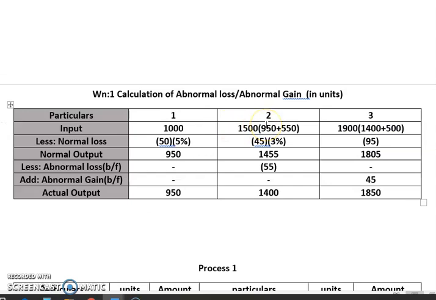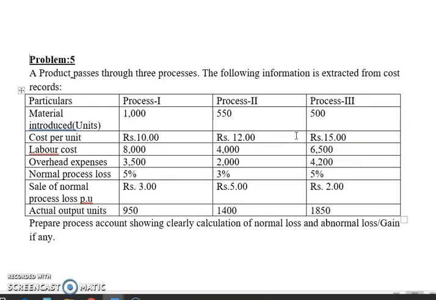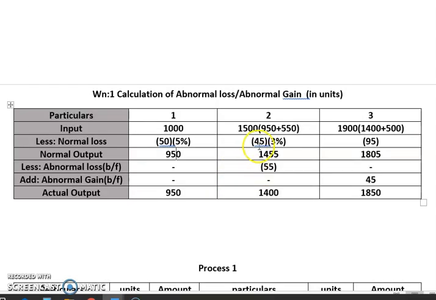Therefore, it will be 1500 where we accumulated the figure. Now the normal loss for process 2 is 3%. I calculated 3% on my 1500. Therefore, I got 45 units. So after subtraction, what I got as normal output is 1455 units.